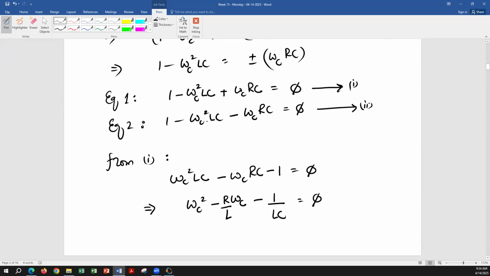So now we rewrite this equation like we did this one, multiply both sides by -1, and then divide by LC. So we're going to have omega c square plus R over L omega c minus 1 equals 0.